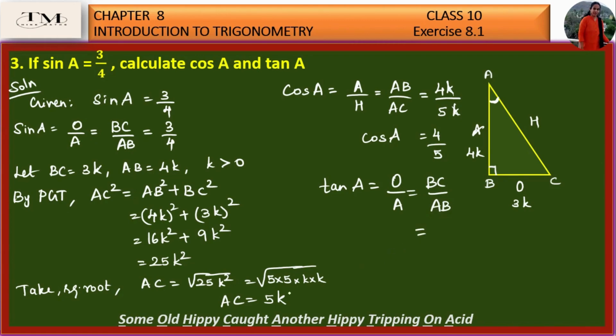BC is equal to 3K and AB is equal to 4K. So K gets cancelled, and the answer will be 3 by 4. So tan A is equal to 3 by 4, and cos A is equal to 4 by 5. So simple, isn't it? Moving on to the next question.